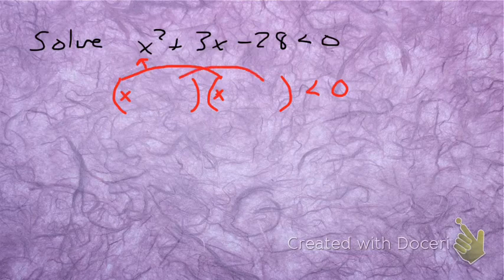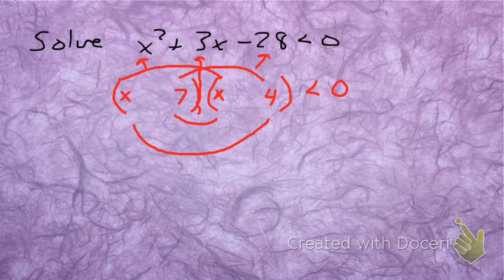It's going to be some sort of combination of 7 and 4, giving me a positive 3. So I'm going to want it to be positive 7 and negative 4. So my nose and my mouth add up to positive 3.